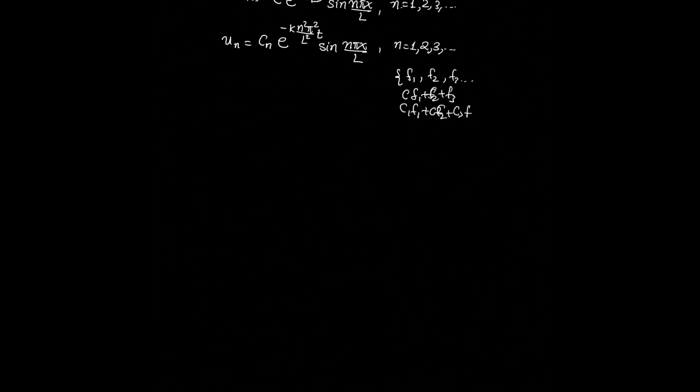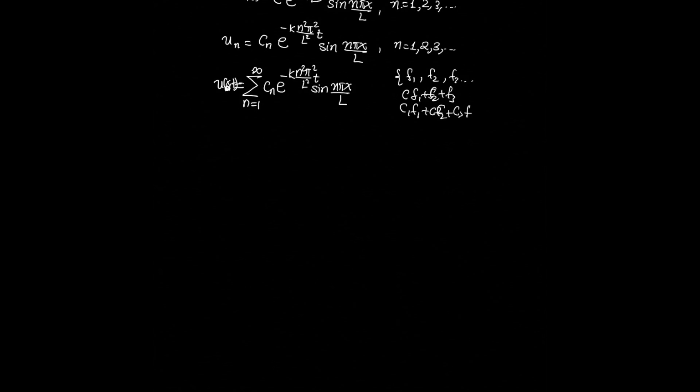So that implies that here I can just write the general solution as the summation of all the solutions. I get rid of n here because now it's the general solution. Summation n starting from 1 until infinity, c_n e to the minus k n squared pi squared over L squared t, sine of n pi x over L. So that is the general solution.